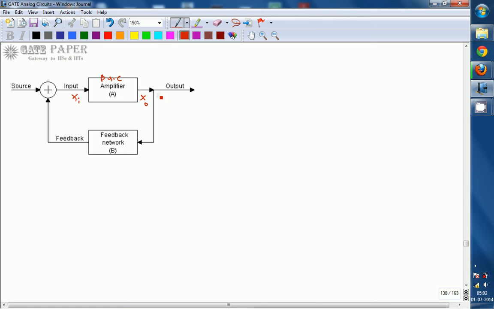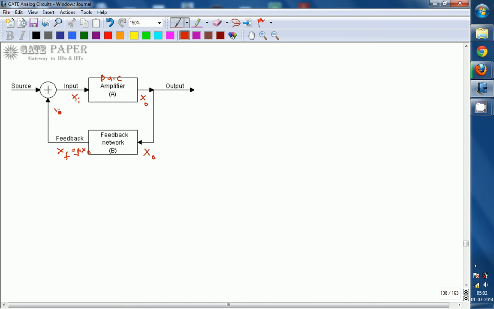The output signal X0 is available to the beta network, and a part of this output is taken as the feedback signal XF, depending on the feedback network. Beta is always less than or equal to 1, and chooses how much portion of the output is taken back as feedback. So XF is simply beta times X0.